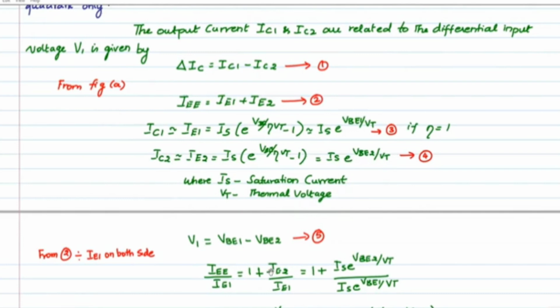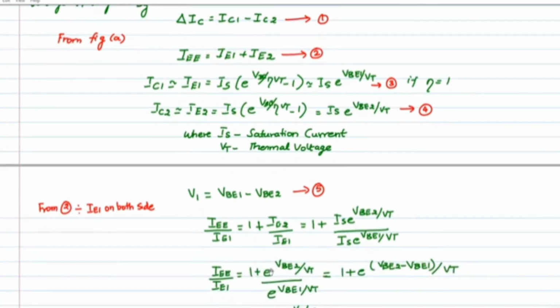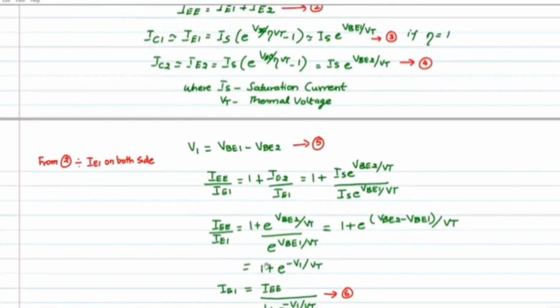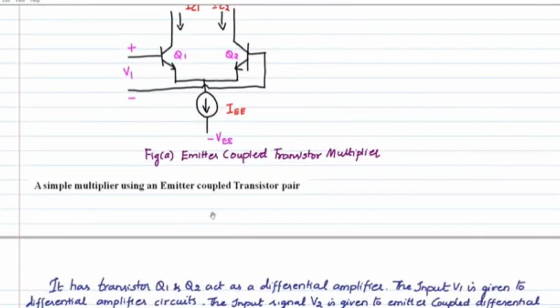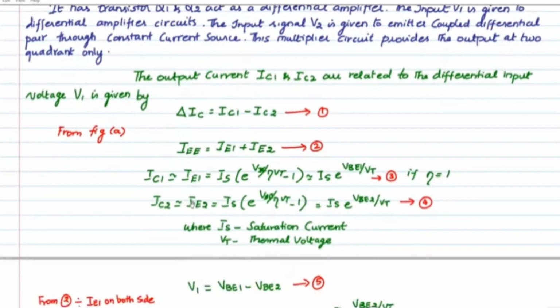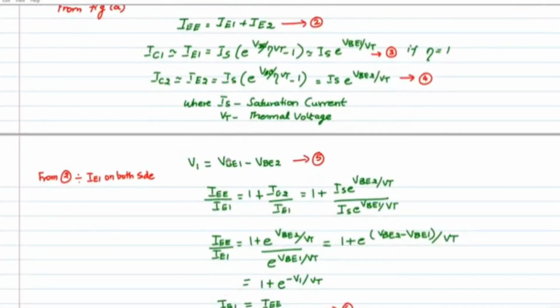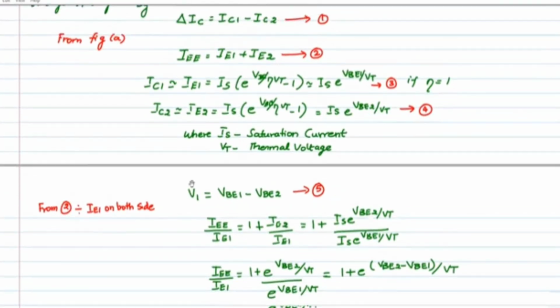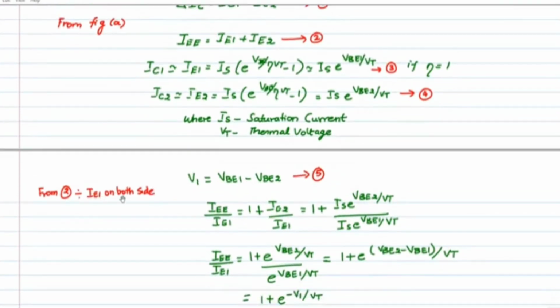So from the figure I can write V1 is equal to VBE1 minus VBE2. So you substitute that value. IE divided by IE1 is equal to 1 plus IE2 divided by IE1. This is from equation 2. If I divide equation 2 by IE1, you substitute the values of IE2 and IE1.